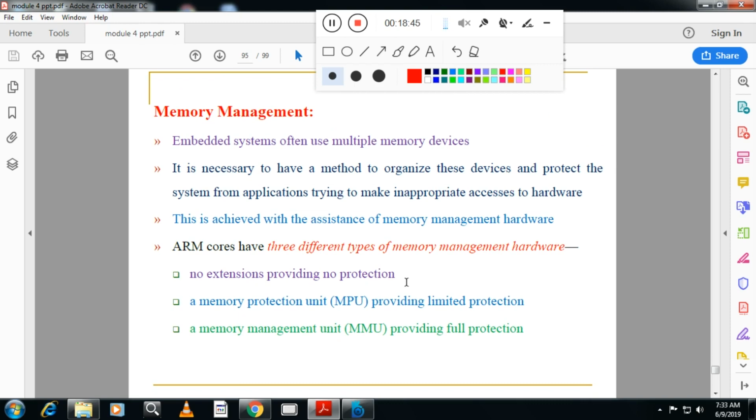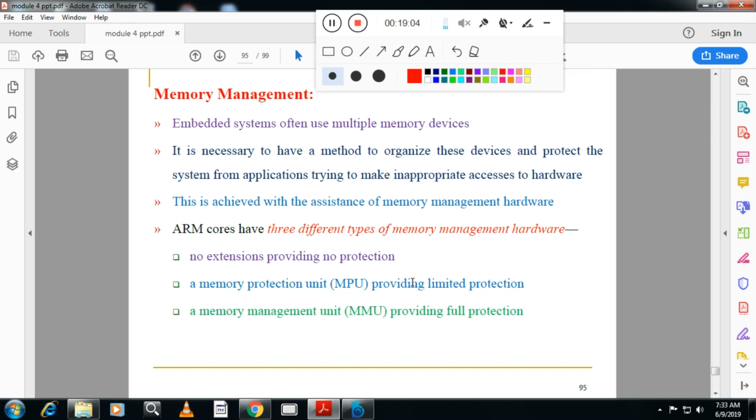Memory management. Embedded systems use multiple memory management types. Three types are there. The first is no extension, providing no protection. The second is the memory protection unit, providing limited protection. The third is the memory management unit, providing full protection.